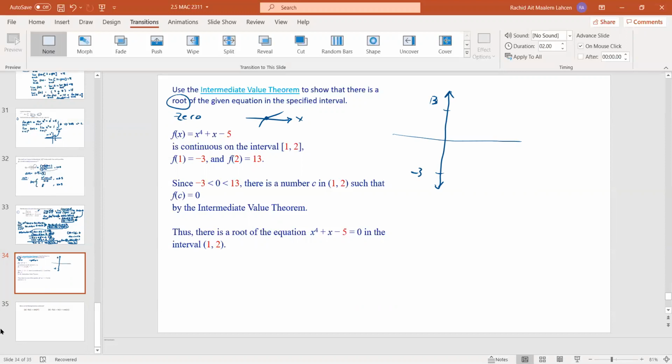Since 0 is between negative 3 and 13, then there is a number c between 1 and 2 such that f of c is 0, by the intermediate value theorem. So there is a root of the equation in the interval [1, 2].